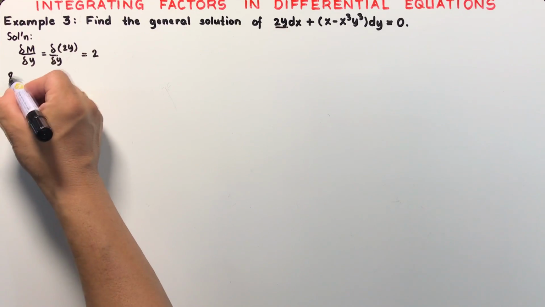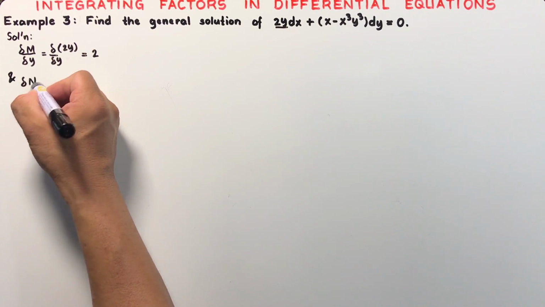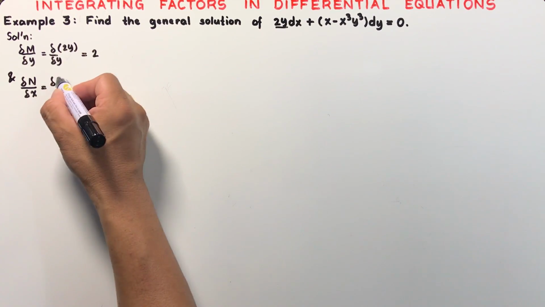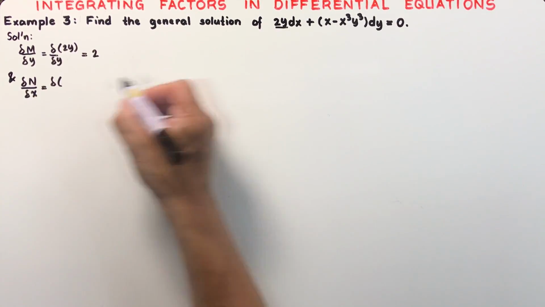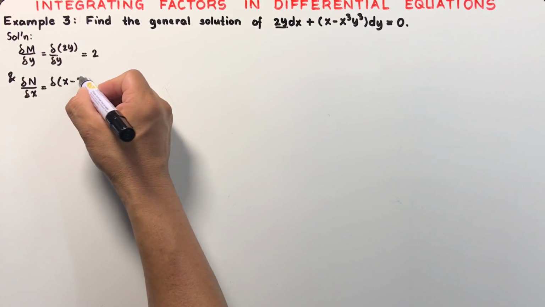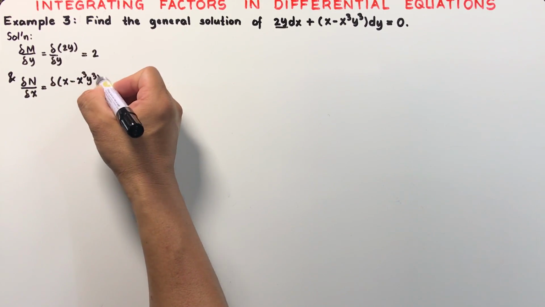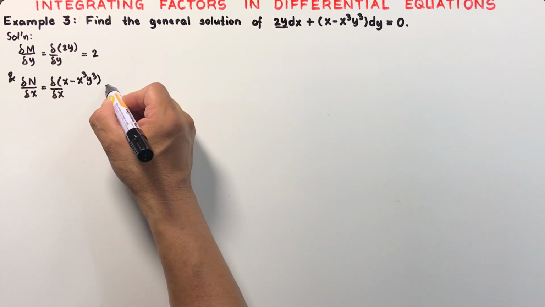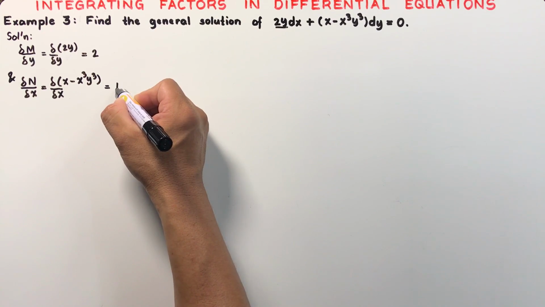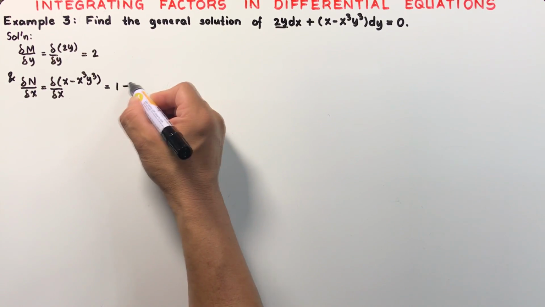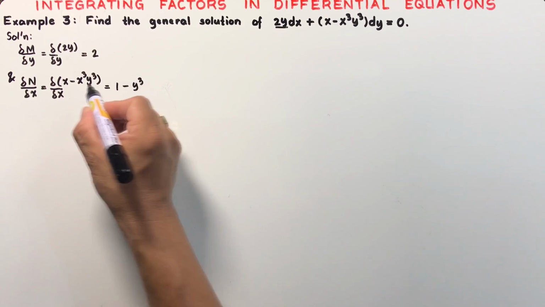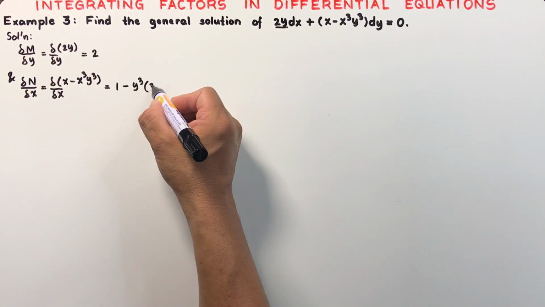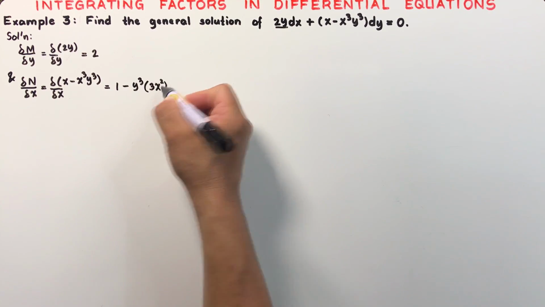And the partial derivative of N with respect to x, where our N is x minus x cubed y cubed, is 1 here, subtracted by y cubed, because y cubed is treated like a constant, multiplied by the derivative of x cubed, which is 3x squared.